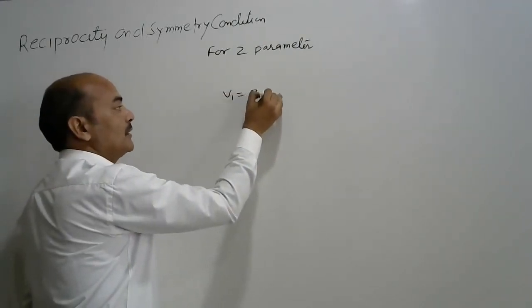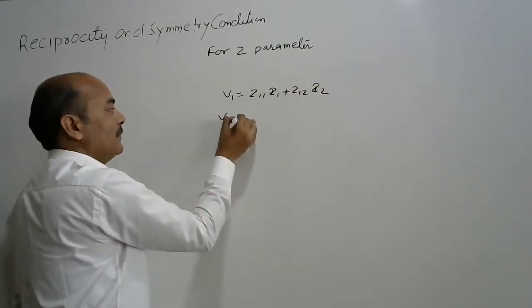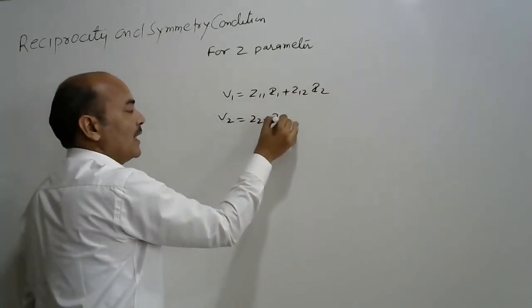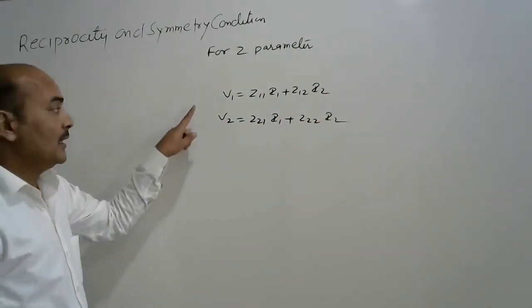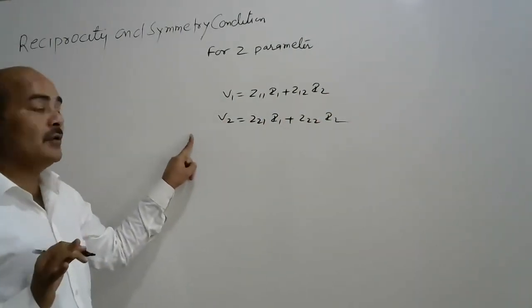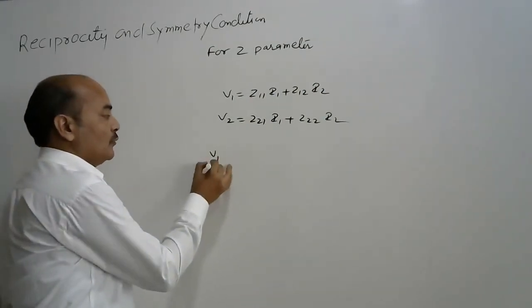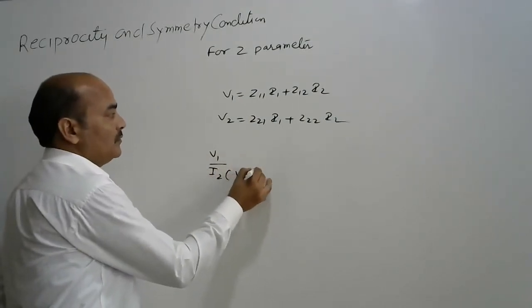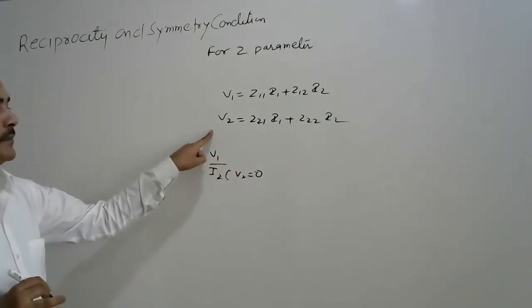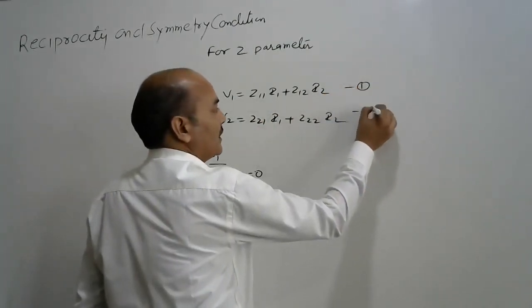V1 equals Z11 I1 plus Z12 I2, and V2 equals Z21 I1 plus Z22 I2. First we calculate the condition for reciprocity, so we have to calculate V1 by I2 with V2 equal to 0. This is equation number 1 and this is equation number 2.